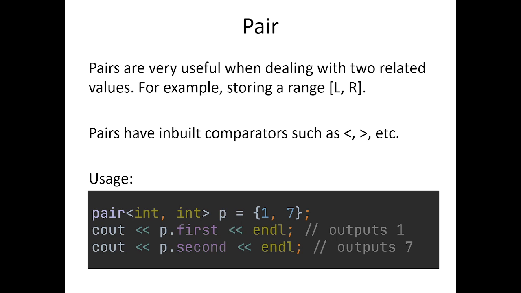So basically, you have to do a grid-wise search of the points on the plane. Then you can store the x coordinates and y coordinates in a pair and just sort it. It becomes very easy. Not only sort, all functions become very easy if you use pair.